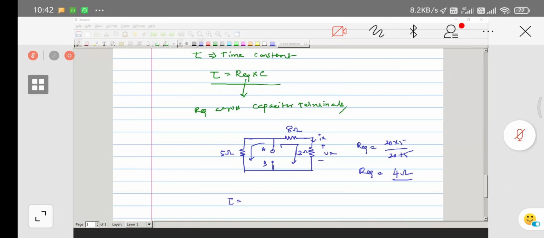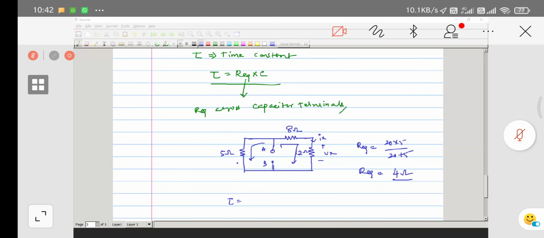Time constant is given by R equivalent into C. Here R equivalent is 4 and C is 0.1, it is 0.2. So you can get 4 seconds. So this is the time constant.